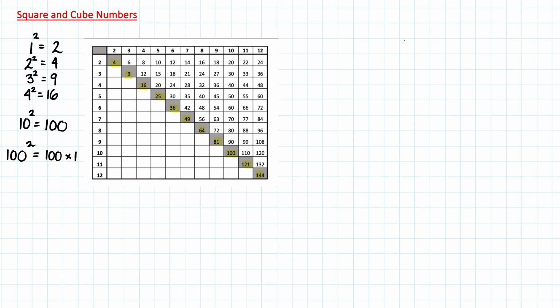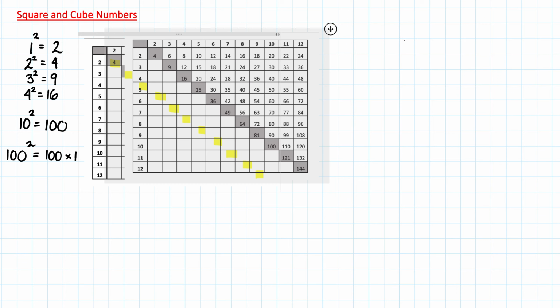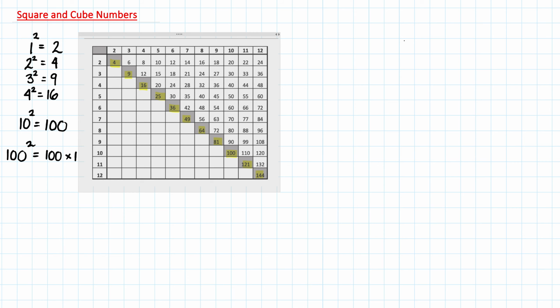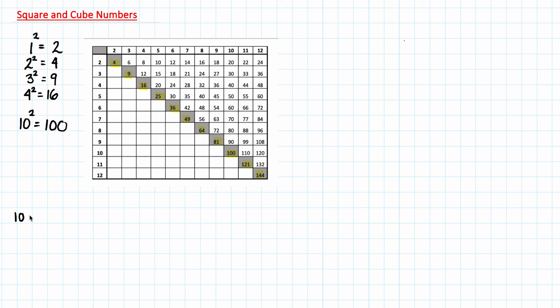Let me just move this to the side. I'll write it down here then. So if I do 100 squared, it's going to be 100 times 100. Agree?